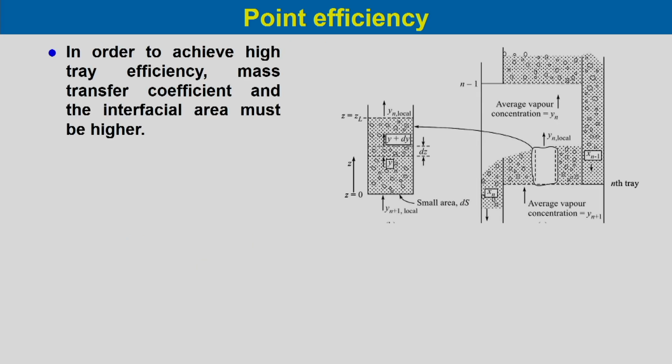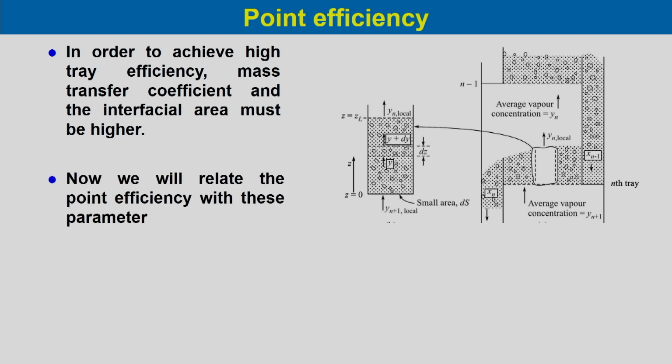In order to achieve high tray efficiency, the mass transfer coefficient and interfacial area must be higher. Now, we will relate the point efficiency with these parameters, interfacial area and the mass transfer coefficient.